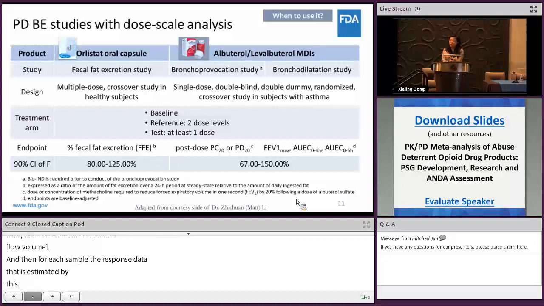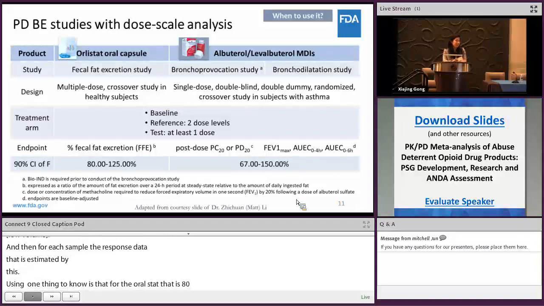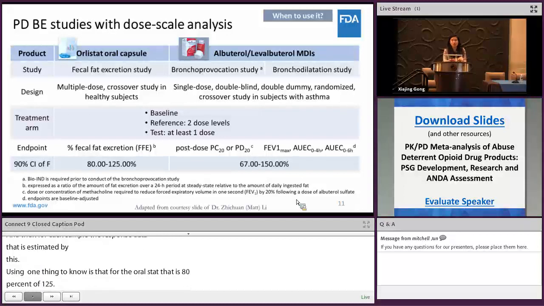And one thing to note is that for orlistat, the BE criteria bound is from 80% to 125%. But for albuterol and levalbuterol, they have a wider BE criteria bound from 67% to 150% because of the statistical and clinical considerations. All right. Okay. Moving on.